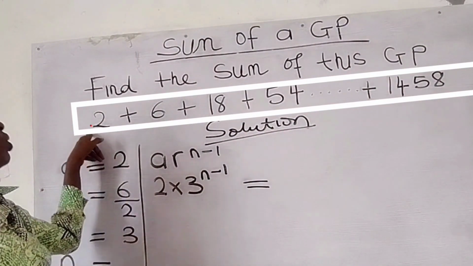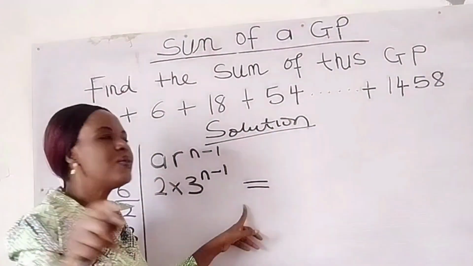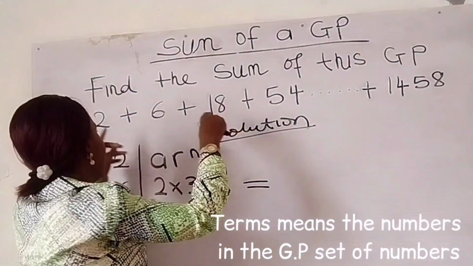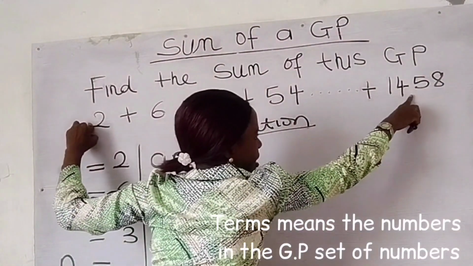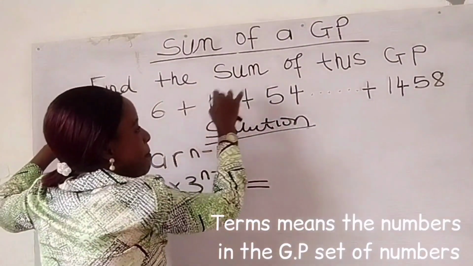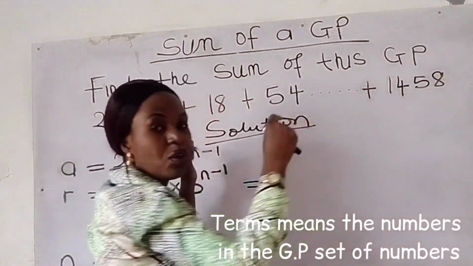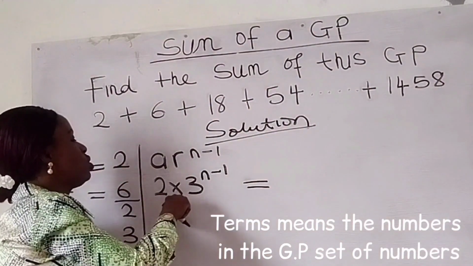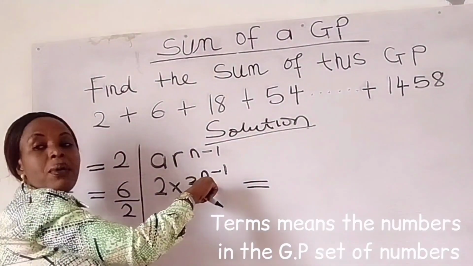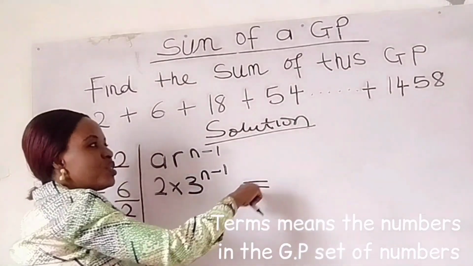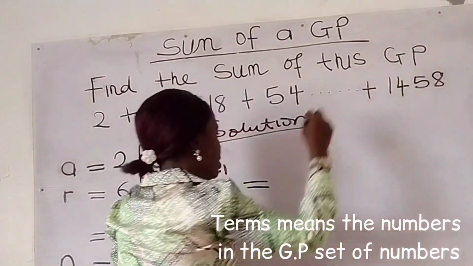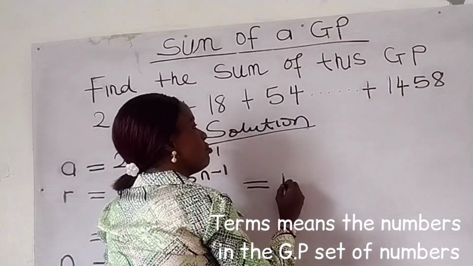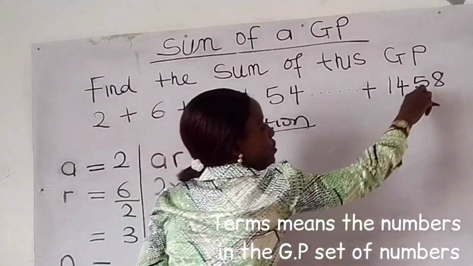It will be equal to the value of the last term. So we say 2 times 3 raised to the power n minus 1 is equal to the value of the last term, which is 1458.